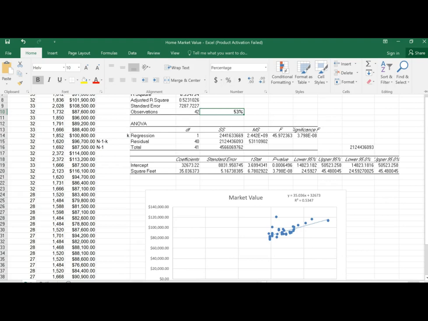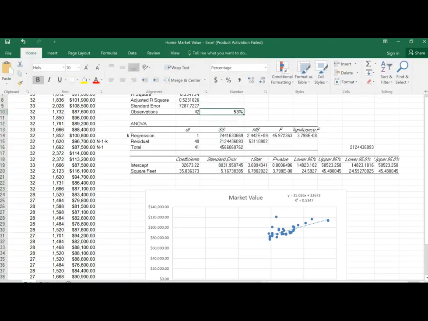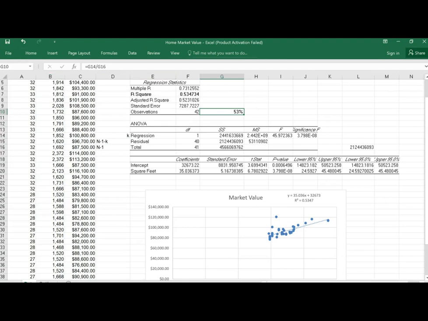It's specifically telling us what percent of the variation in the thing we're measuring vertically is being captured by our regression model. 53.47% of the variation in market value is captured by the variation in square feet.